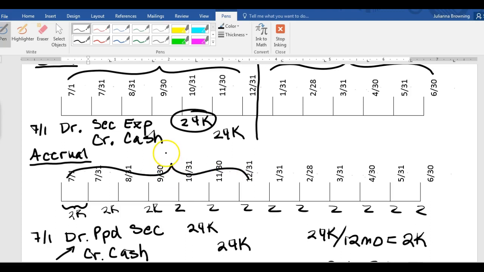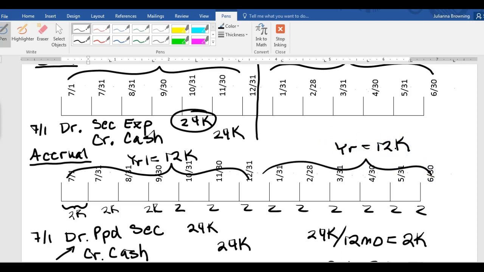Under the accrual basis, if we add up those 6 months together in year 1, we're going to have $12,000 of the security contract recognized in year 1. And then we're going to have $12,000 of the cost of doing business associated with the security show up in year 2.